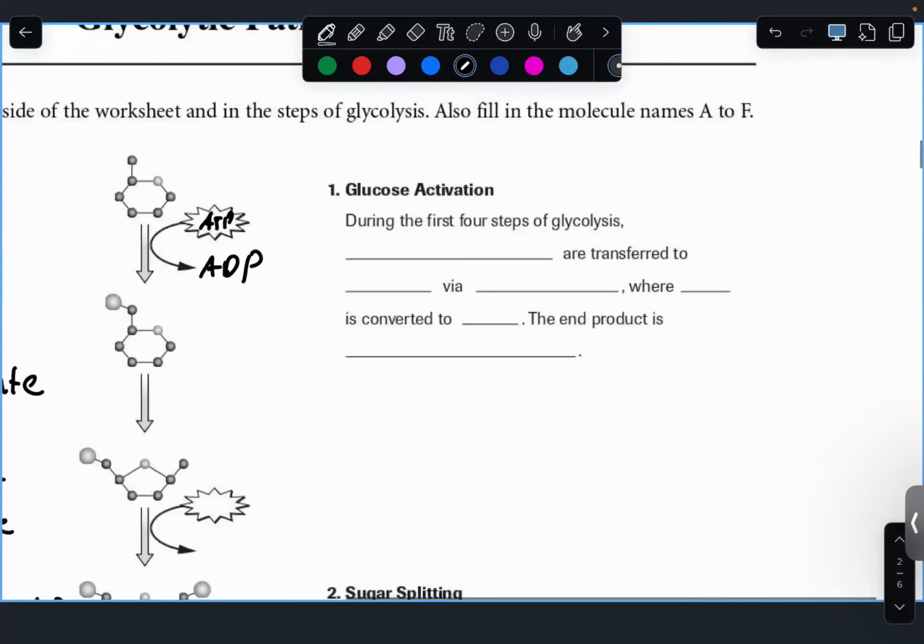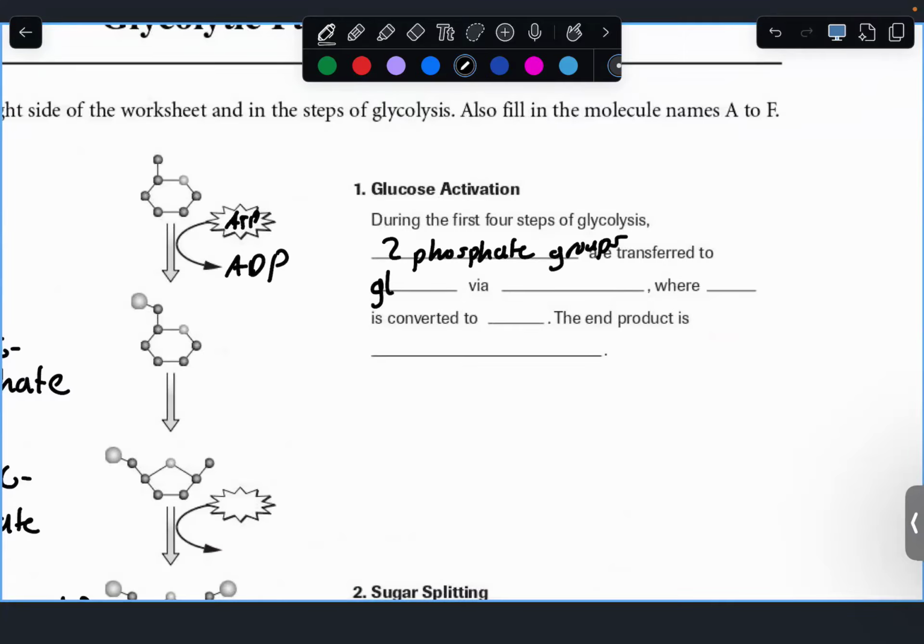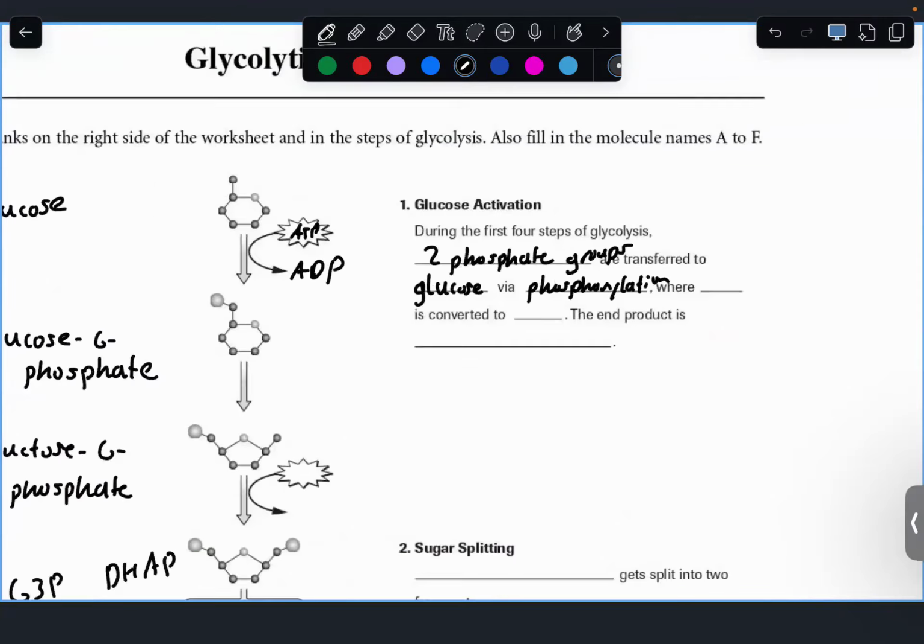So during the first four steps of glycolysis, two phosphate groups are transferred to glucose via phosphorylation. And I'll just say this right now.